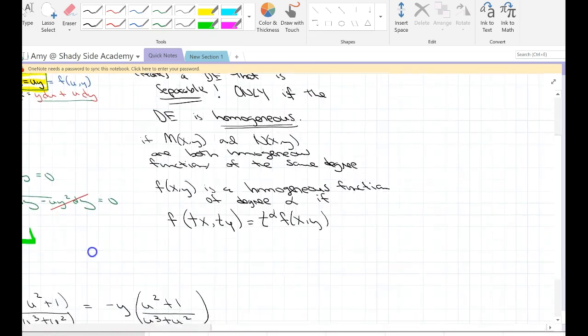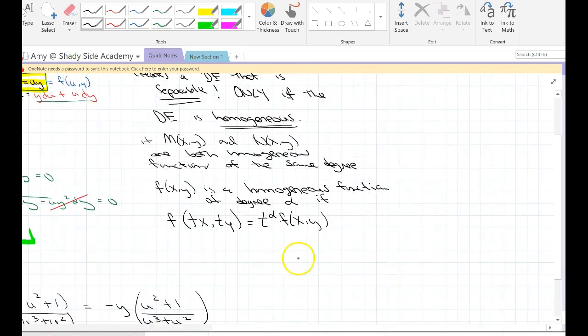Let f of x comma y equal 3x squared plus 2y squared. All right, let's check this. What is f of tx comma ty equal?